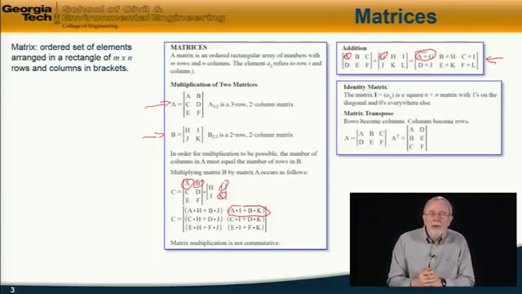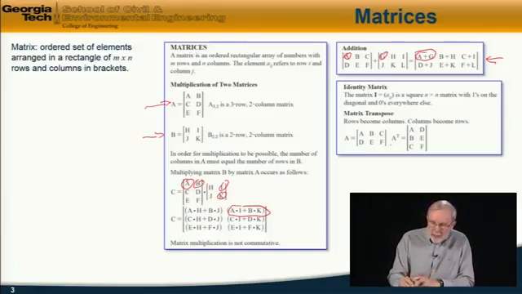There are a couple of other things which are mentioned which probably won't arise, but the identity matrix is a square matrix, in other words, n by n, where all of the diagonal values are 1 and all of the other elements which are off diagonal are 0.